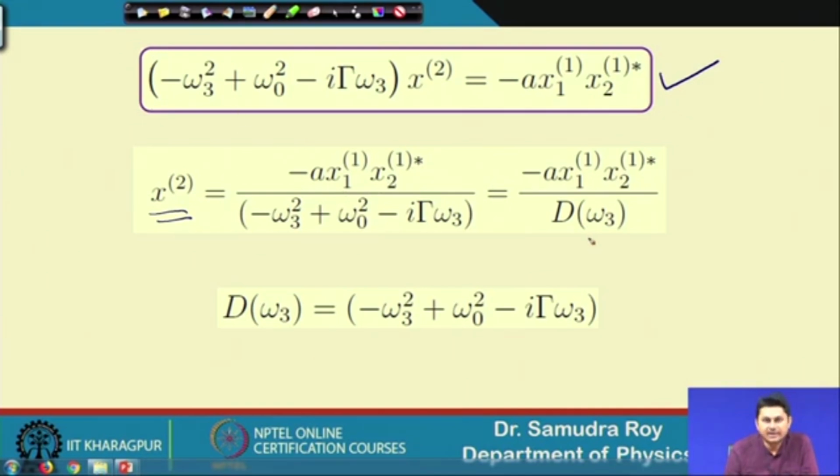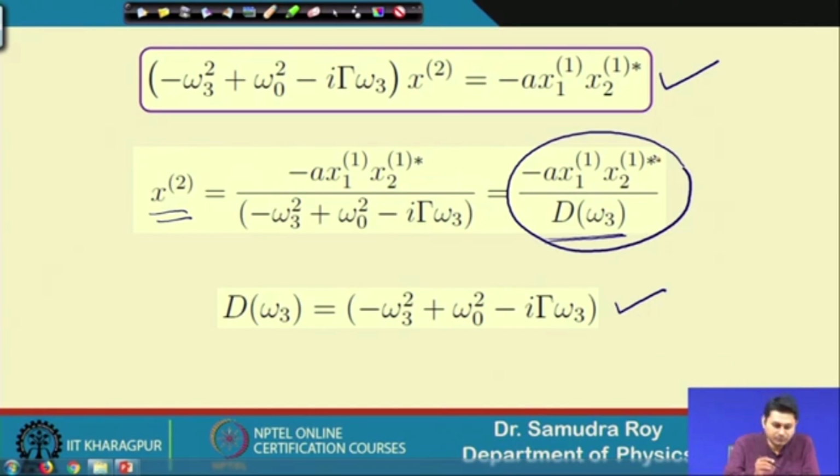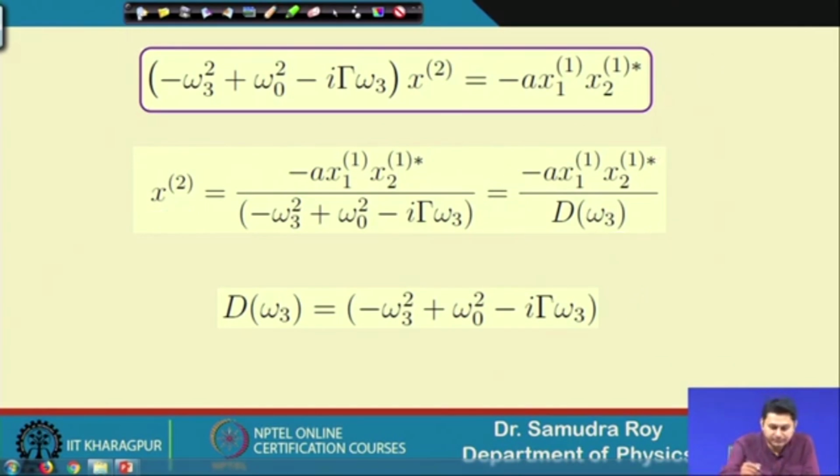This one can be written in the similar form that we have been writing, where omega square plus omega 0 square minus these things we write as some function of omega 3, and everything can be written in terms of d. So, here d is this quantity. So, my x 2 is now written in a very compact form, which is this one.